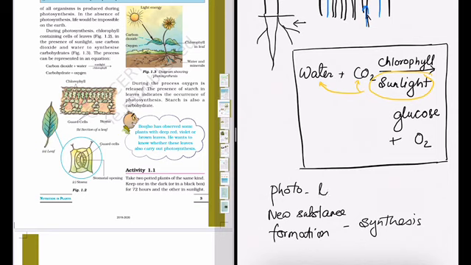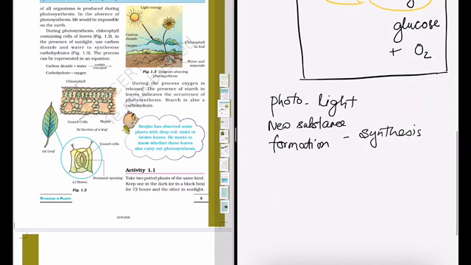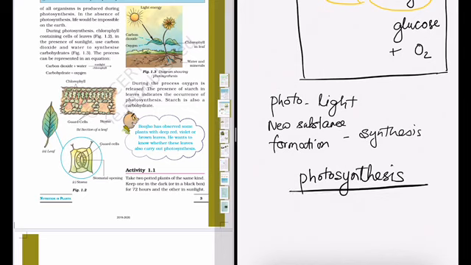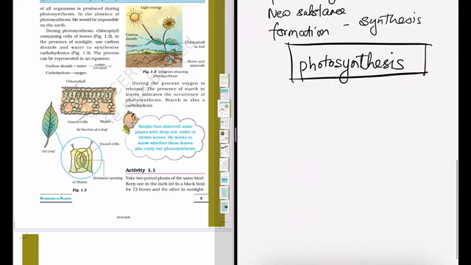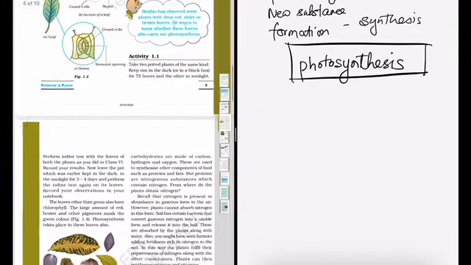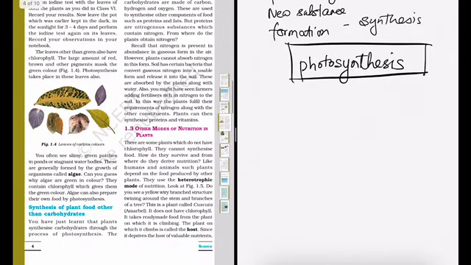So photo is light. This process where in presence of light a new substance is formed is called photosynthesis. This will occur only in green plants and not in animals. That is why the plants are different from animals.